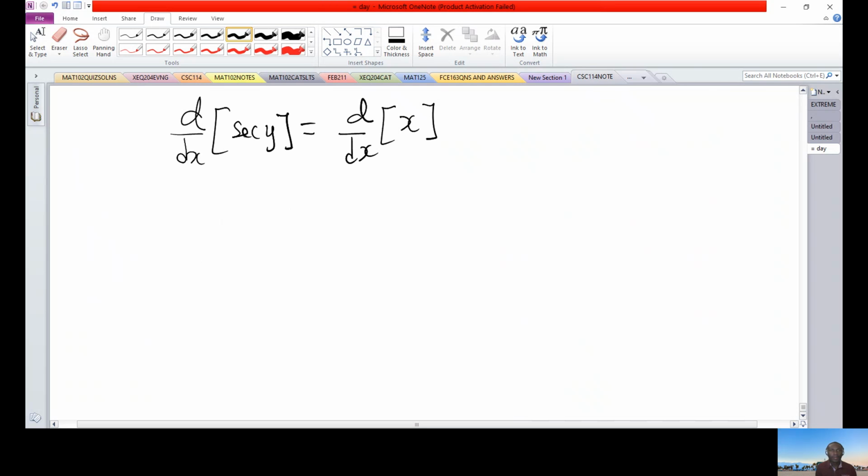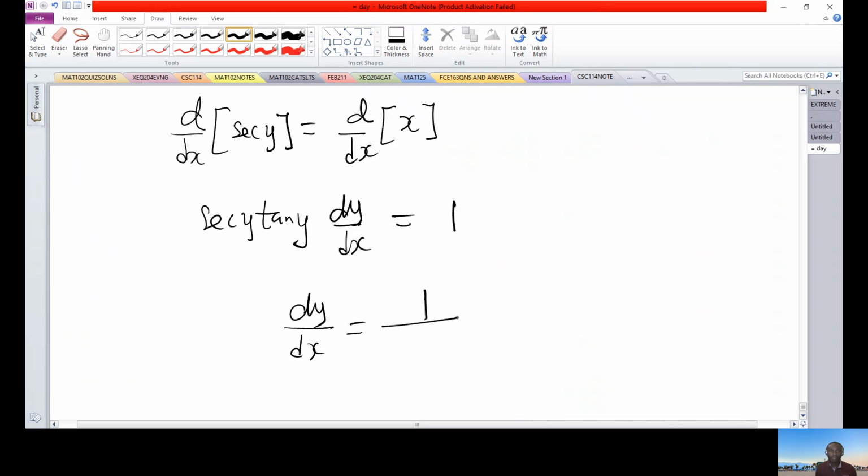When you differentiate a sec, you get a sec tan function, and then you add dy/dx equals 1. But then you make dy/dx the subject, it will be given by 1 over sec y tan y.